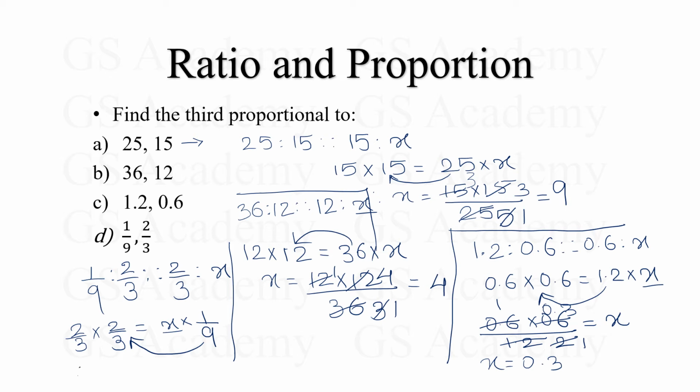So x is equal to 2 upon 3 into 2 upon 3, and 1 upon 9 will become 9 upon 1. So this will be 3 ones are 3, 3 threes are 9, 3 ones are 3, 3 ones are 3. So the third proportional for the fourth question will be 4.